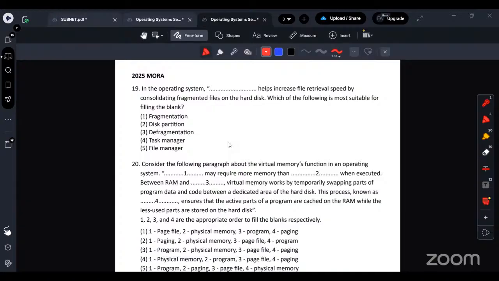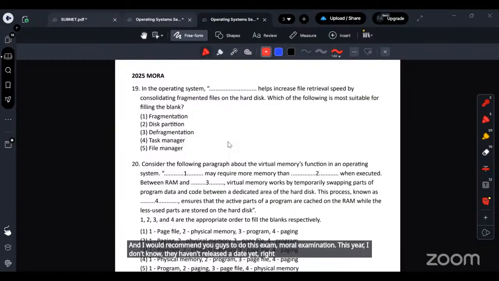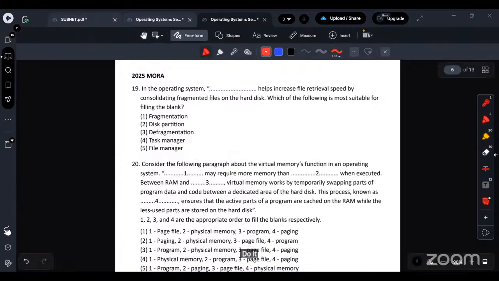I would recommend you guys do this examination. This year's, I don't know, they haven't released a date yet, right? Do it, so that you can test your ICT knowledge. It will be like you facing a final examination.